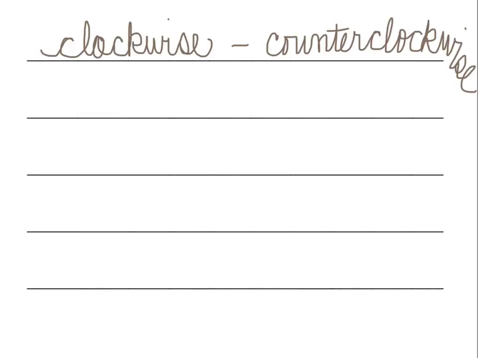Now, underneath clockwise, I want you to put an arrow that goes that way. That's how a clock would spin. For counterclockwise, it goes that way. It goes backwards for the clock. So you could have something that moves clockwise. You know it's going to move like a clock, that direction. Counterclockwise means it moves backwards from the way a clock moves.